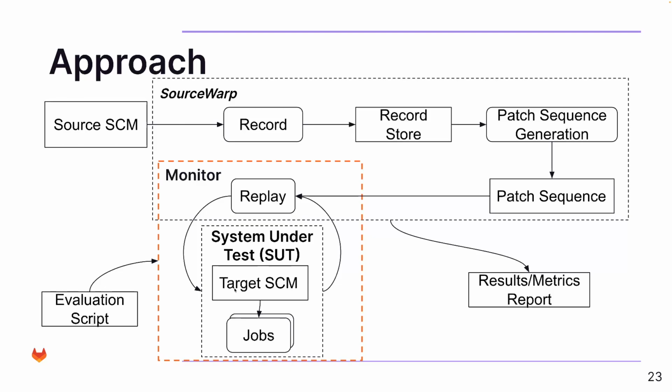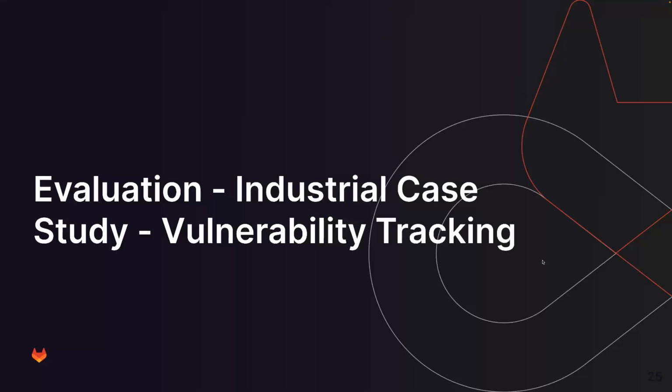Then the target system under test spins up CI/CD jobs, and we run our evaluation scripts automatically. SourceWarp runs them after the application of a single patch. So whenever we apply a patch, we run the evaluation script to collect the data we're interested in. This data is then stored in the results and metrics report that's produced as an output of SourceWarp.